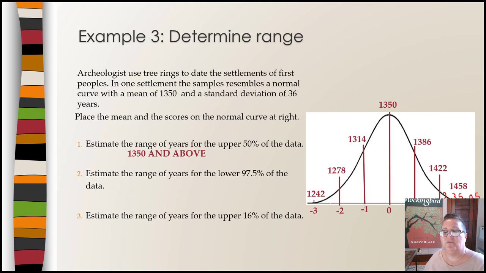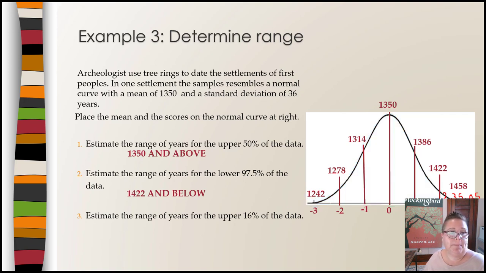And if I put those two together, that's 2.5. I want the lower 97.5%. So I want everything from 1422 down. That means 1422 and below, or 1422 and before, if we're talking about it in terms of time.